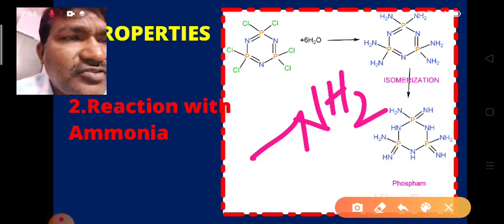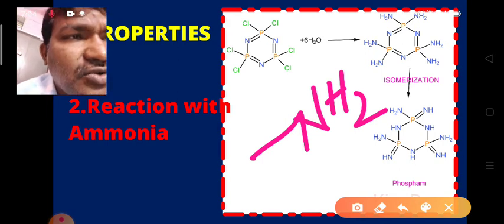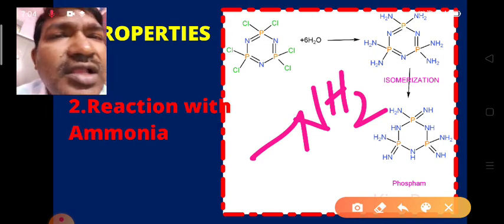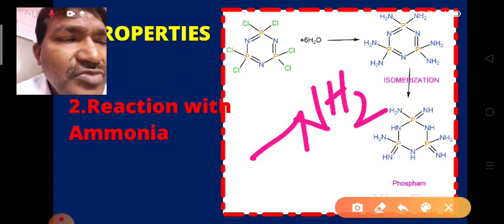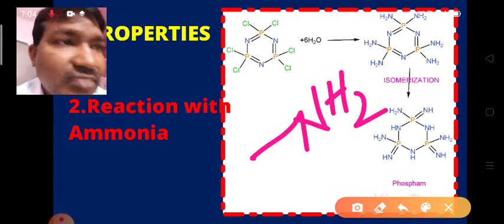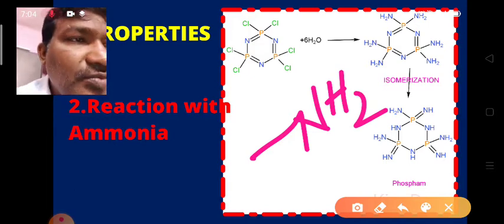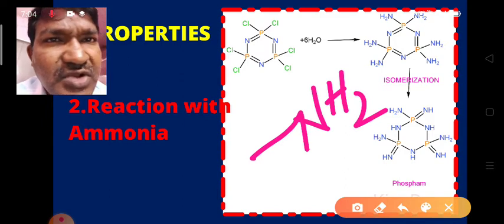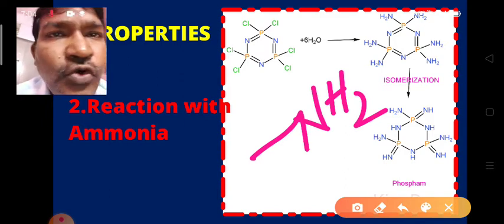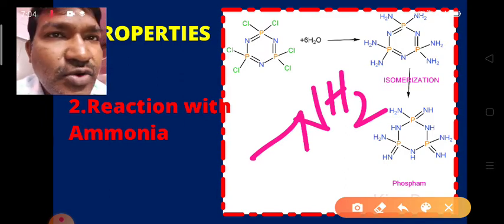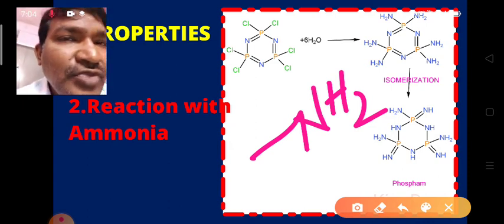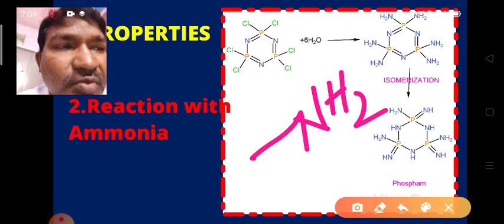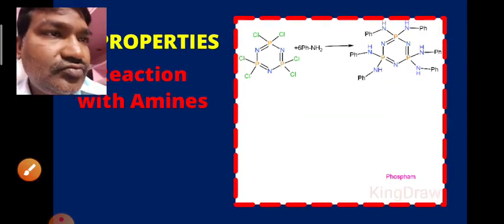Soon after, that intermediate product undergoes isomerization and we get a compound known as the phosphazene. In the phosphazene, there is a double bond between phosphorus and 1 nitrogen atom. That we have to remember. And in it, each phosphorus is surrounded by 4 nitrogen atoms: 3 nitrogen atoms form single bonds and 1 nitrogen atom forms 1 double bond.